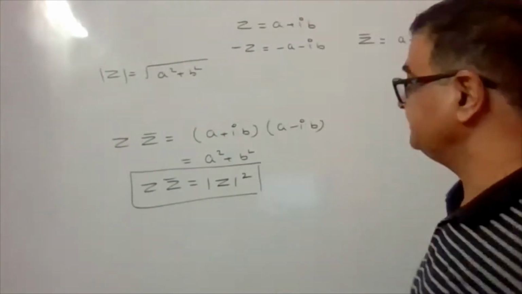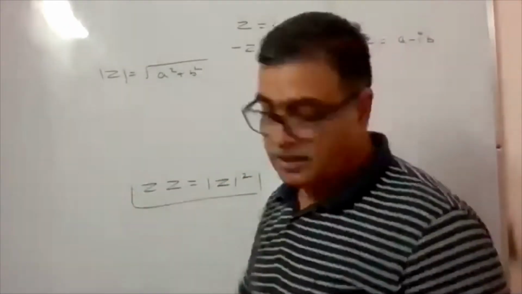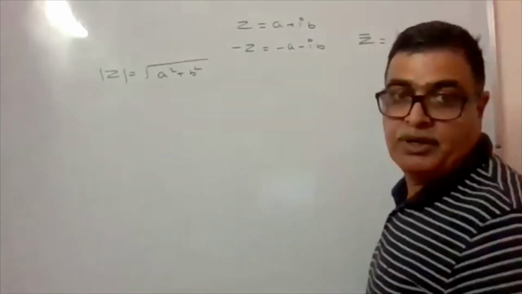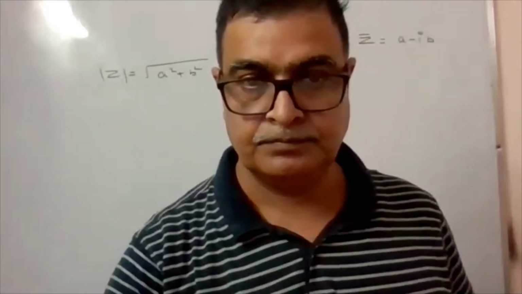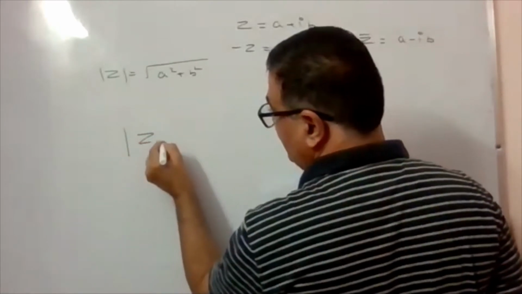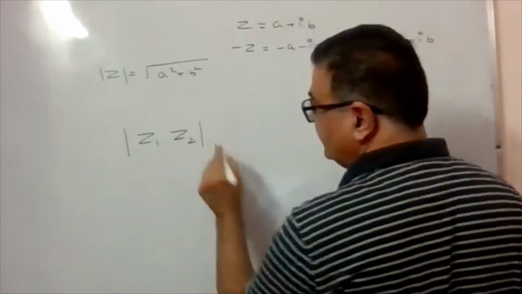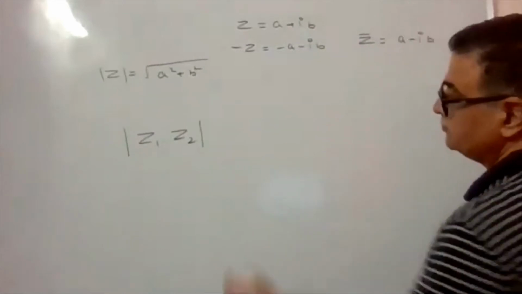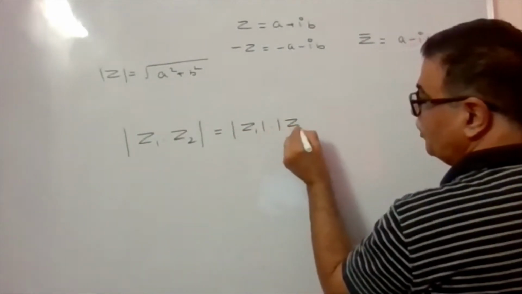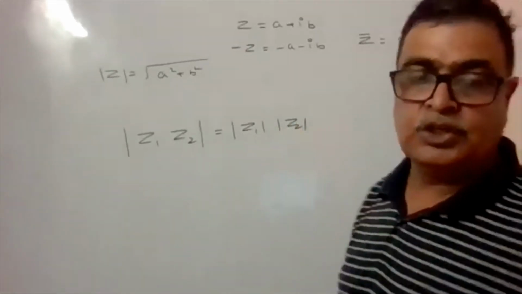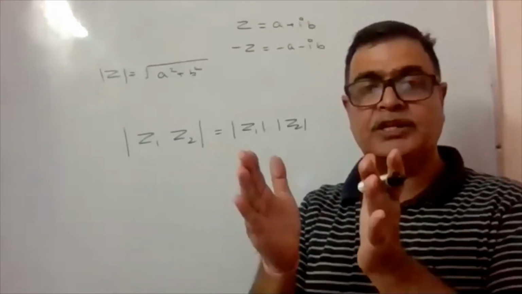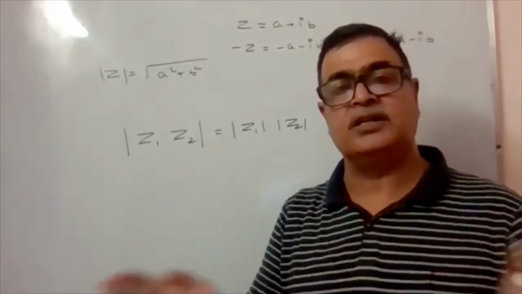Next property please. Next property says that if you have two complex numbers z1 and z2, and they are multiplied, z1 into z2, and then I take their modulus, it will be same as modulus of z1 into modulus of z2. You multiply the two complex numbers and then take modulus, or you take their modulus and multiply, the result comes out to be same.